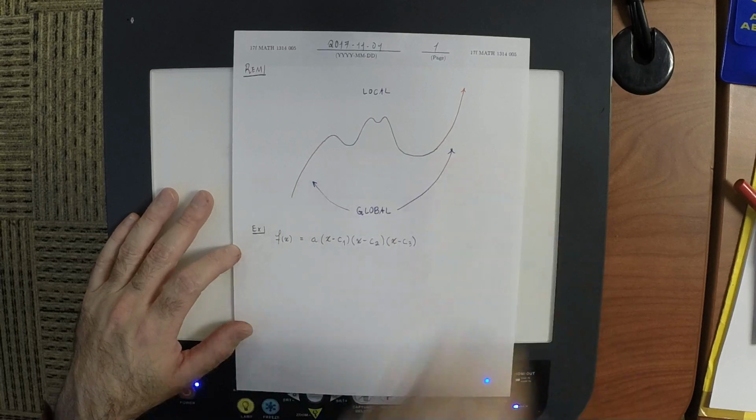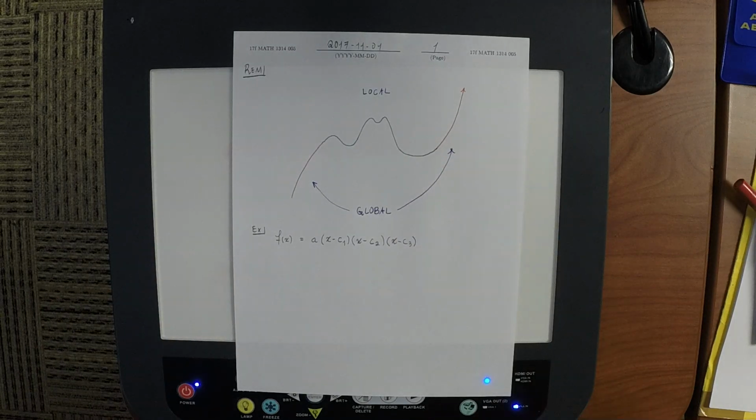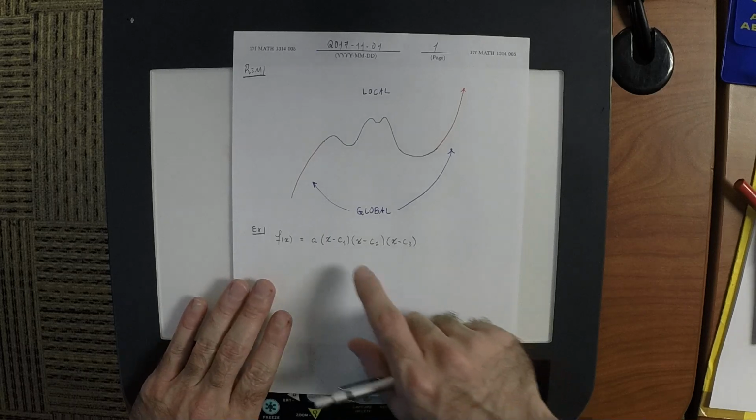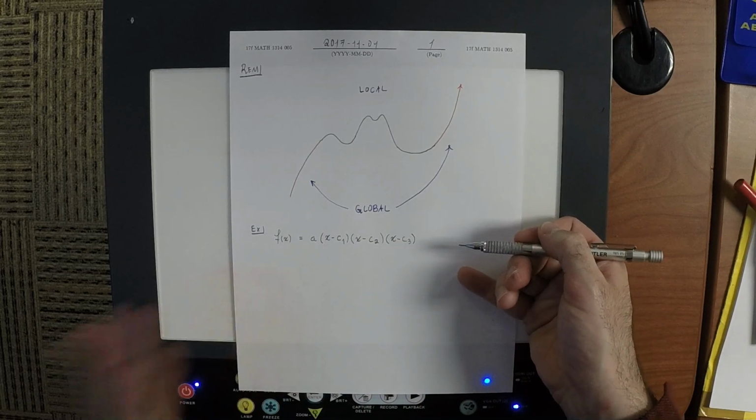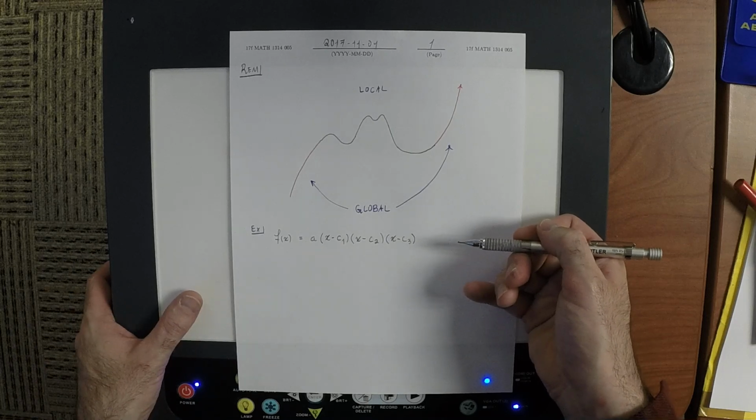So we have a polynomial written in factored form. What inputs could I provide so that the output would be 0?